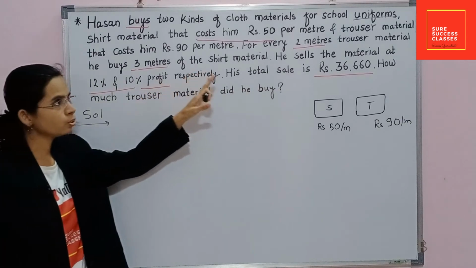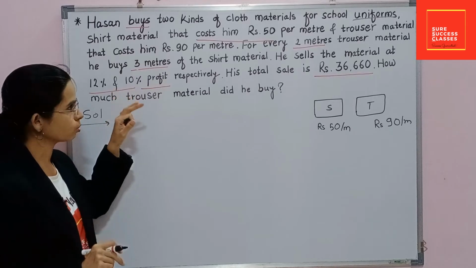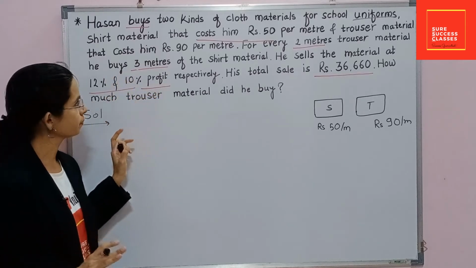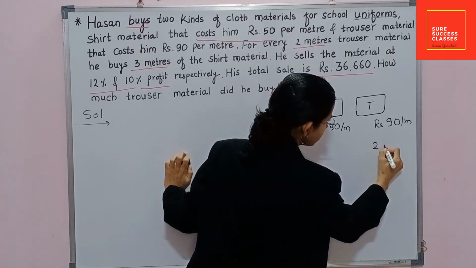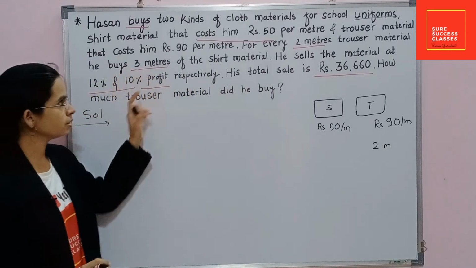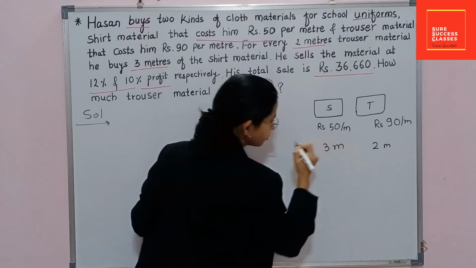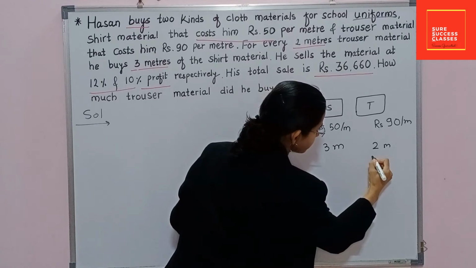For every 2 meters of trouser material, he buys 3 meters of shirt material. See here, for every 2 meters of trouser material, he buys 3 meters of shirt material. We can understand it in this way.